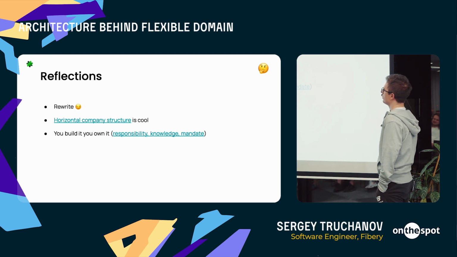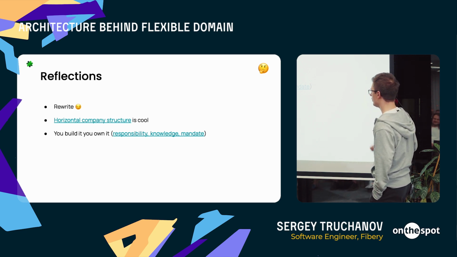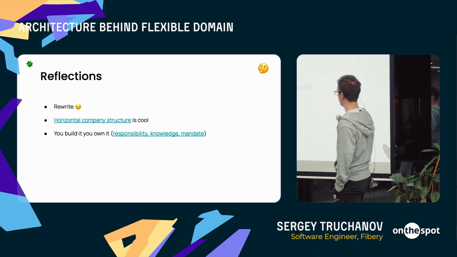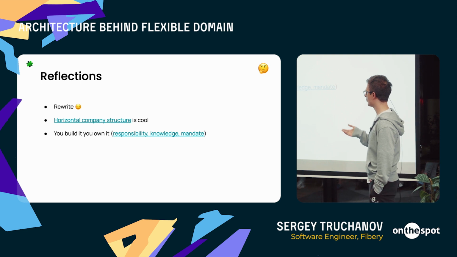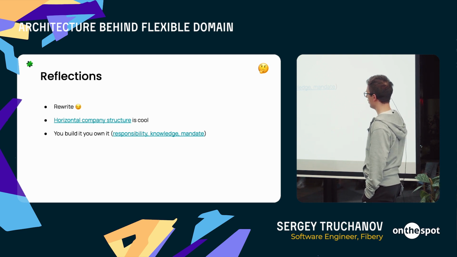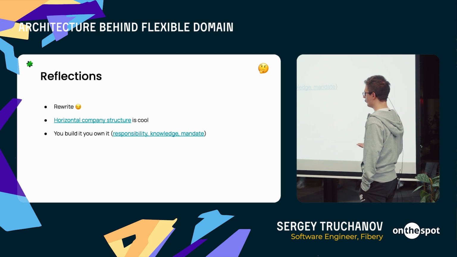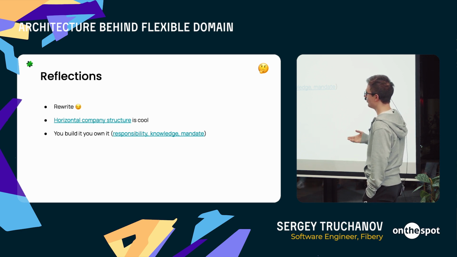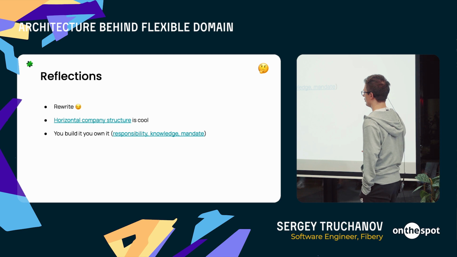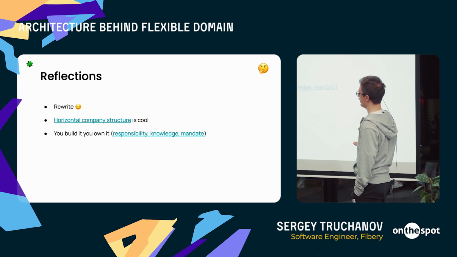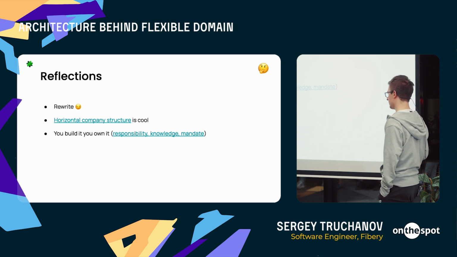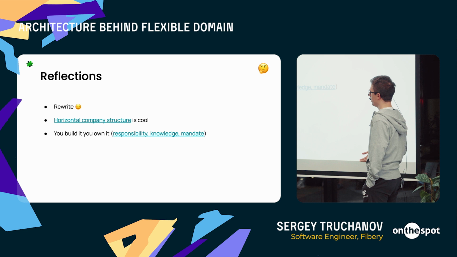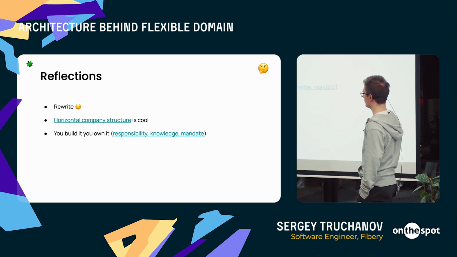To have this, you need three main things in your company. You need people to be responsible, and it naturally comes from horizontal company structure. Also, you need people to actually know what they're doing, but if they built it, they have the best knowledge of the system. And mandate: they should have the power to decide, okay, it's time to rewrite this thing, it's time to fix this thing. This also comes with horizontal company structure.